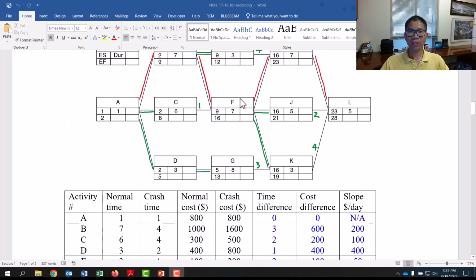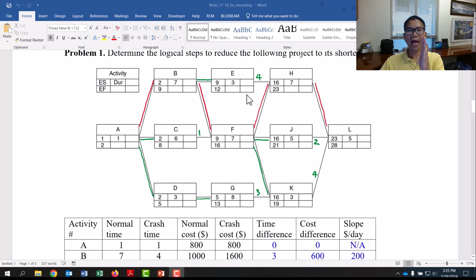So we draw the vertical line through activity F, and find the line crossing the links that have positive lag values. If I put the line here through F, I cannot go between B and E, but I can go between E and H, so it is a positive number.